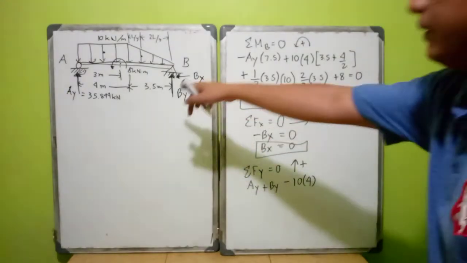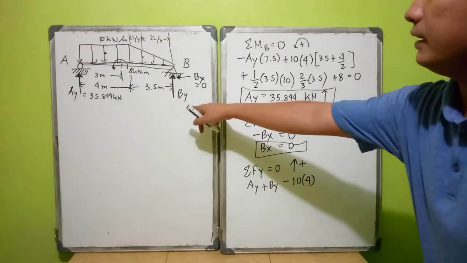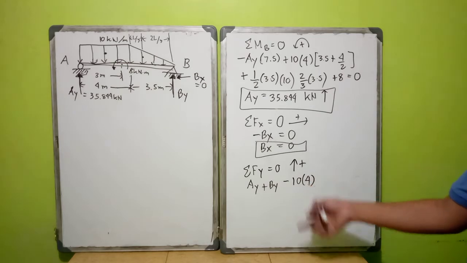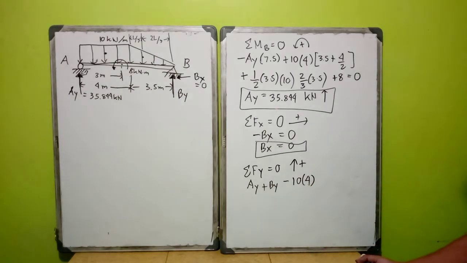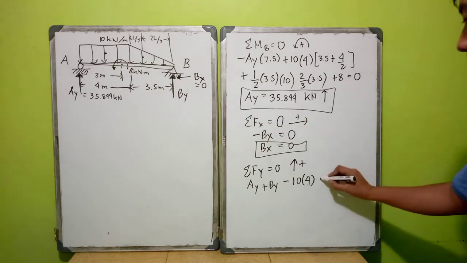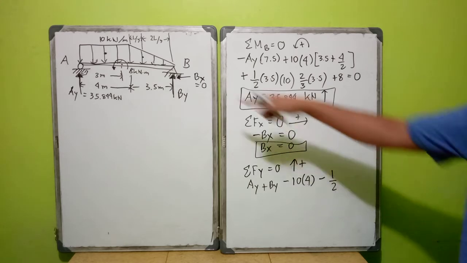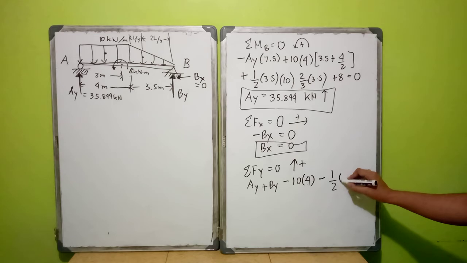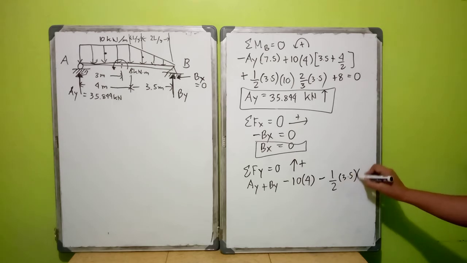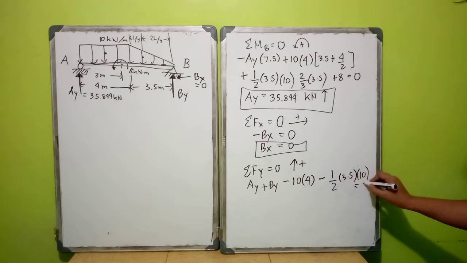So we have 10 times 4. AY plus BY, summation of forces vertical is equal to 0, upward as positive. Minus 10 times 4, minus 1 half, the area of this triangle, times 3.5 times 10 is equal to 0.